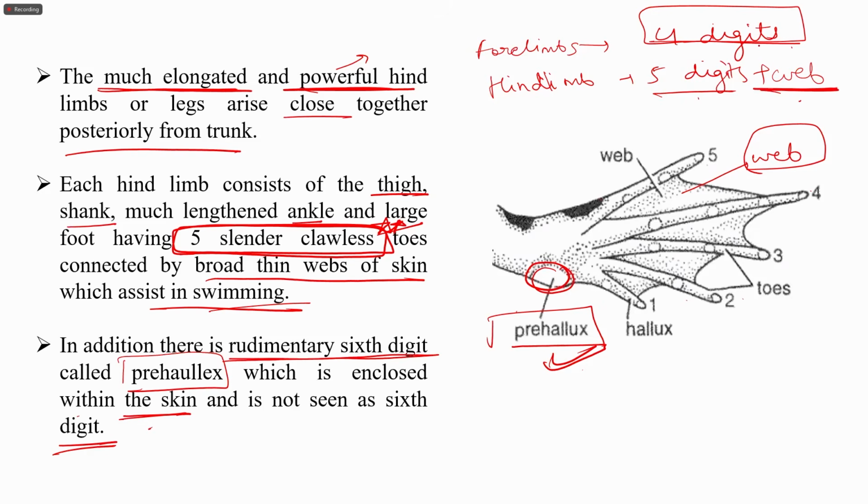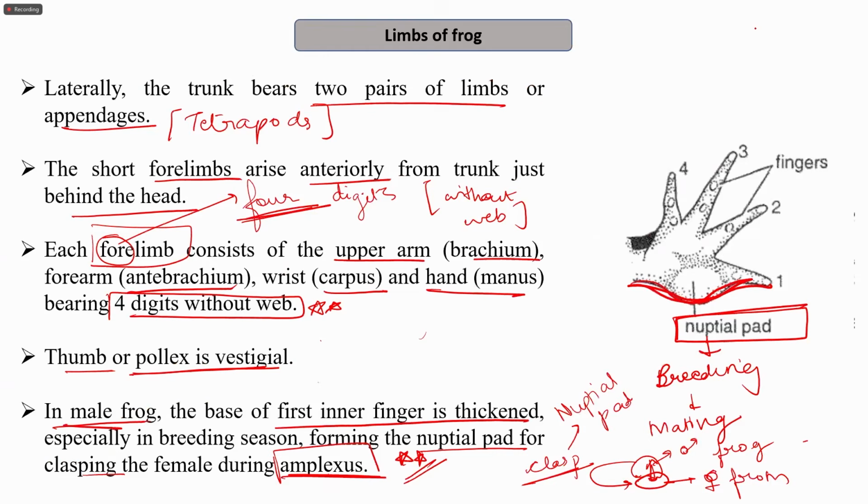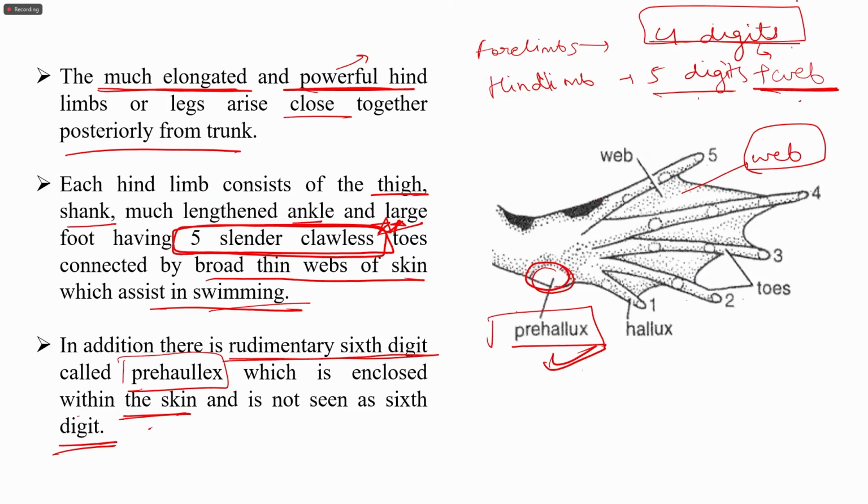And in the forelimb, the first digit forms the nuptial pad during the breeding season.